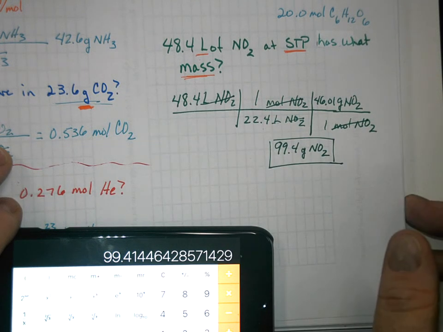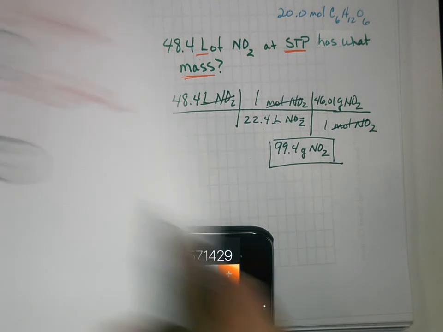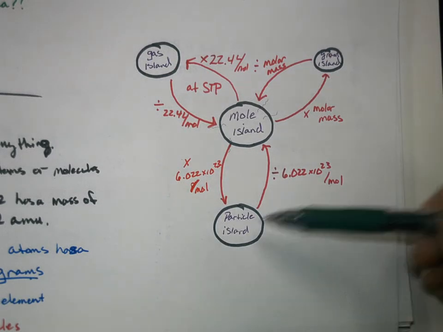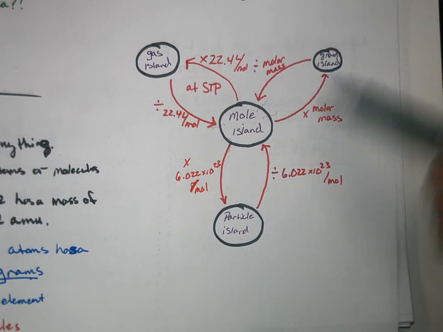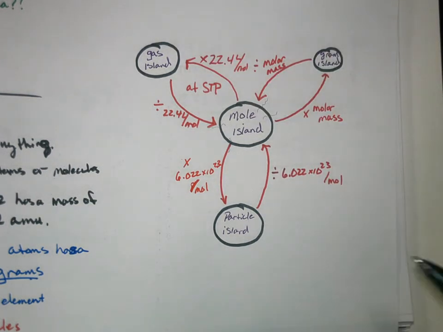You will be expected to go from any island to any other island for your quiz and on your final. But when you know your map, it's not that big of a deal. If you follow the arrows, it'll tell you exactly what you need to do.